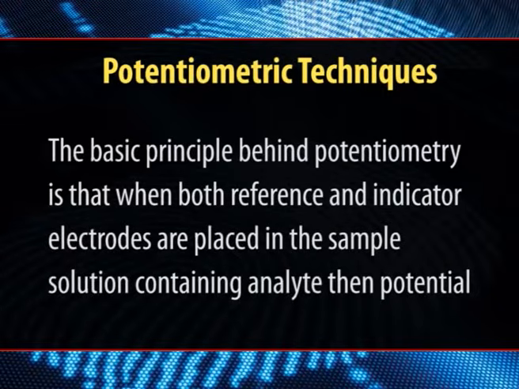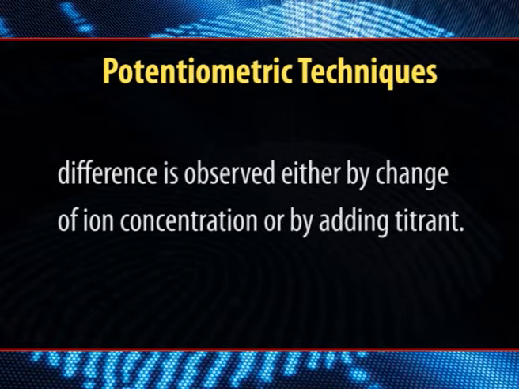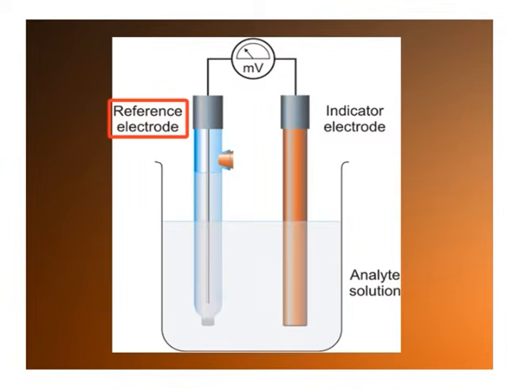The basic principle behind potentiometry is that when both reference and indicator electrodes are placed in the sample solution containing analyte, then a potential difference is observed either by change of ion concentration or by adding titrant. The reference electrode potential value, however, remains stable even when it is dipped inside the sample solution.